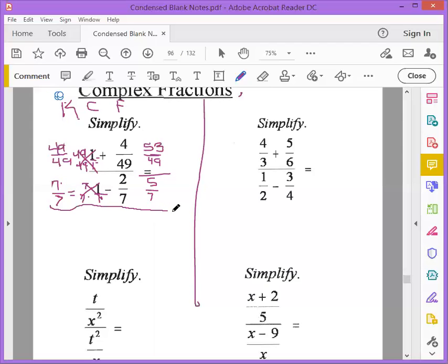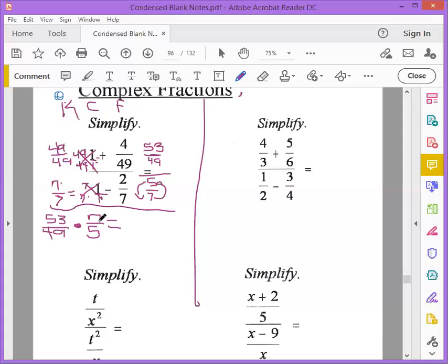So our top fraction will remain 53 divided by 49. We will change our operation from division to multiplication, and then we're going to flip the bottom fraction. So that numerator moves to the denominator, and the denominator moves to the numerator. It becomes 7/5.